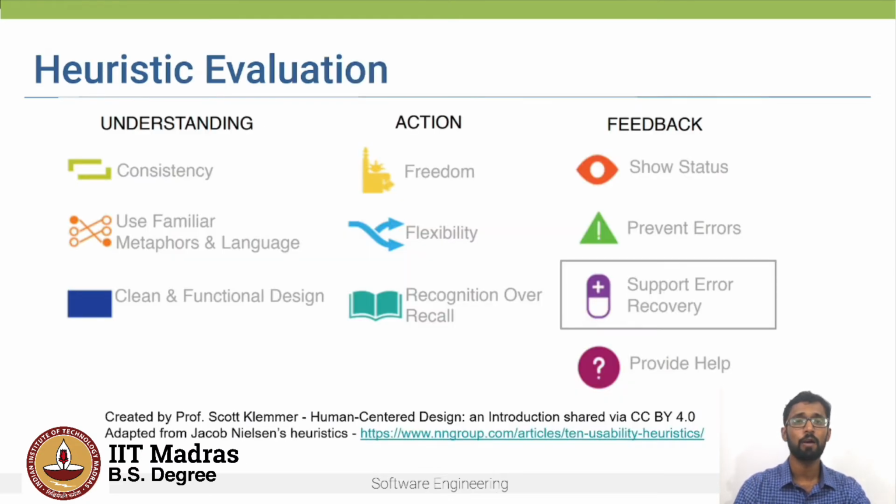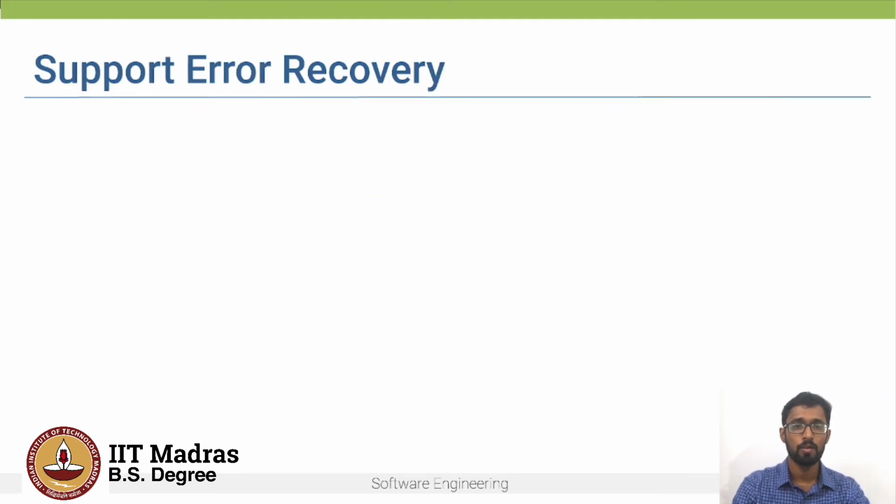Now that we have seen how we can prevent errors, the next heuristic is to support error recovery. How can we help users once they have made an error? How can we support them to recover from these errors? One way to do it is to make the problem itself very clear.